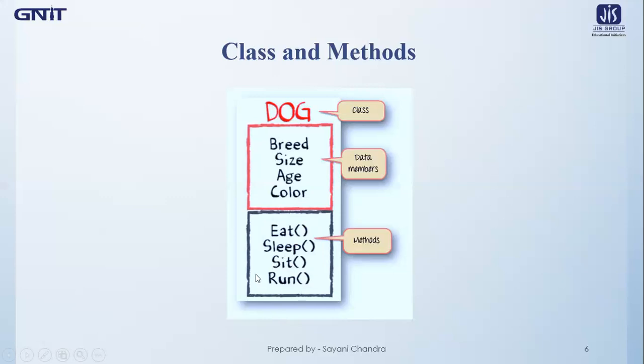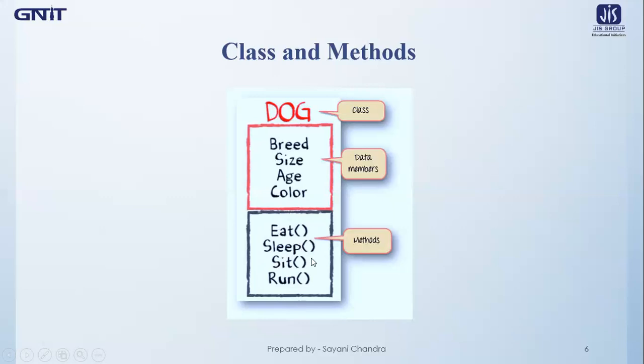So all the methods that are mentioned here will actually state the behavior of each of the objects of the dog class. How each object of the dog class will behave can be identified using these methods. So here we can see that each object of the dog class is able to eat, sleep, sit, run. Now how are these methods or functions written?